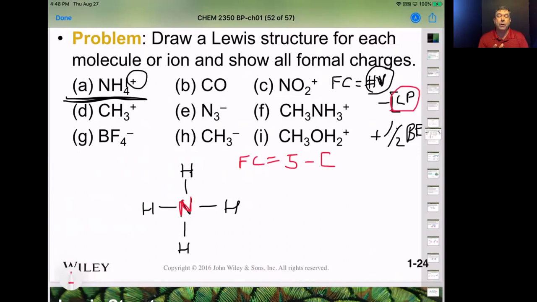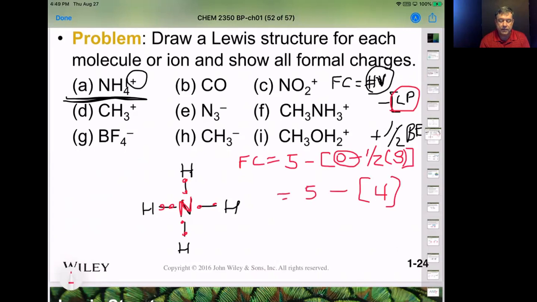We get to use all the lone pair electrons because those are actually on the atom. We have no lone pair electrons because we have 8 electrons around nitrogen here, and we don't have any lone pairs, so that's going to be 0 for this as well, minus 1/2 of the bonding electrons. So we have 1, 2, 3, 4, 5, 6, 7, 8 bonding electrons, 8 right here. And so when we multiply 8 times 1/2, that's going to be equal to 4. And we have 0 for non-bonding. So we have 5 minus 4, which is equal to a formal charge of +1.